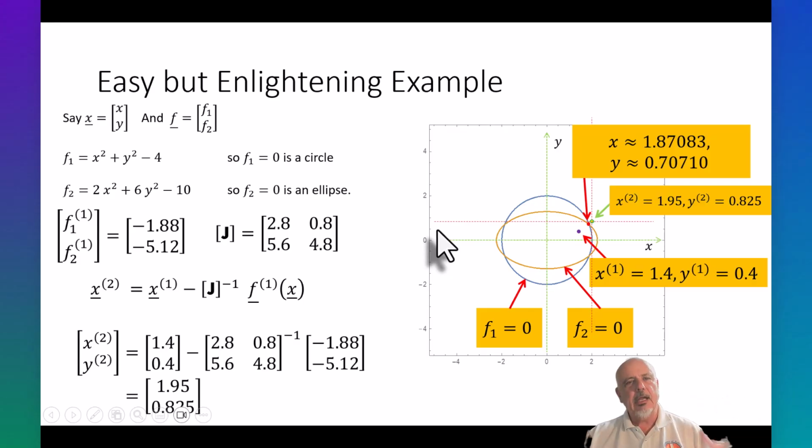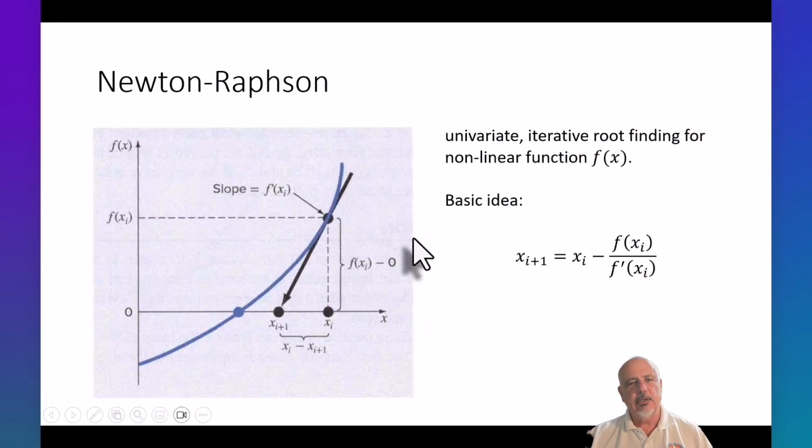Okay, so that's the idea, but now let's take a look at the theory. If you remember your basic univariate iteration for Newton-Raphson, you have a point where you're at, and you take the slope at that point, along with the function there, and that gives you an idea of what would be your next one.